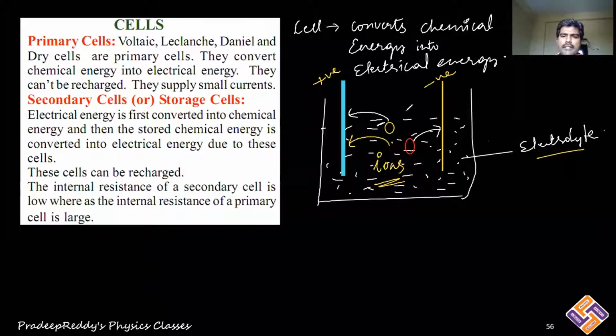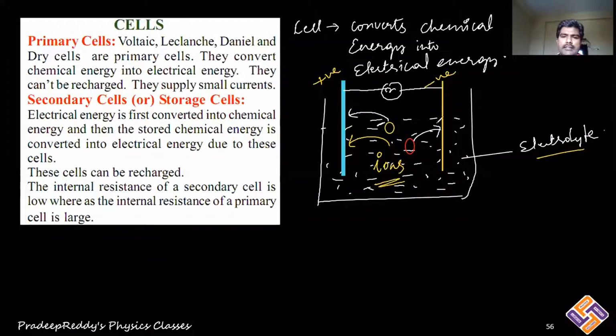So in this electrolytic solution, because of the chemical reaction the ions get split, and those ions will be pulled towards the positive terminal and negative terminal, and we connect these two with a wire along with a consumer. So these two electrodes are now connected with a bulb.